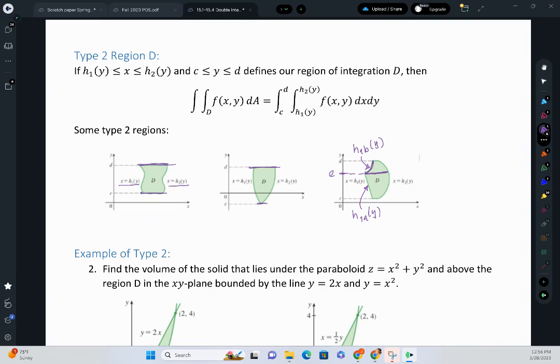And so then y will end up going from C to E and then E to D, while x is going from one left function to the right function and then the second left function to the right function. So we'll end up with two integrals.